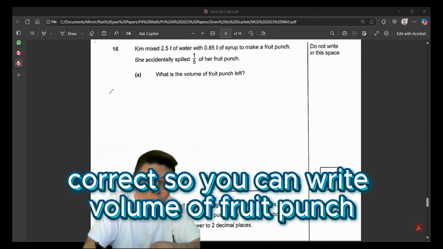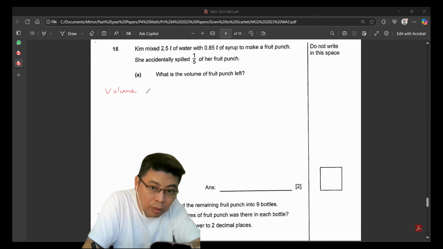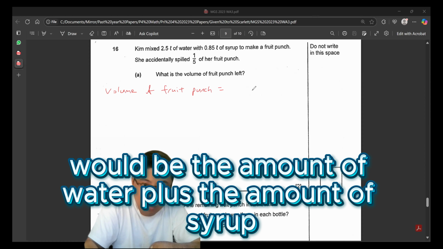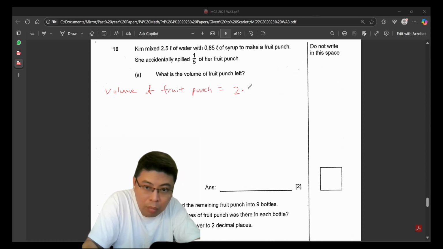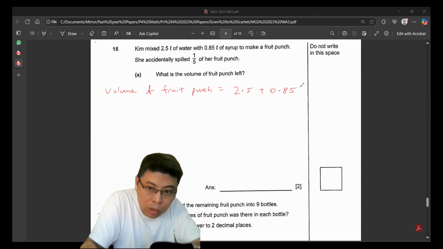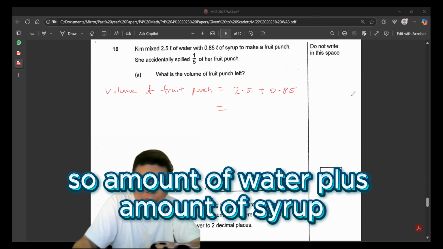So you can write volume of fruit punch would be the amount of water plus the amount of syrup.